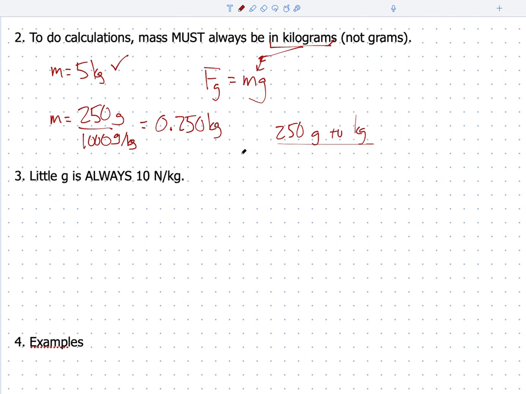Just make sure you're converting by dividing grams by 1,000 before you calculate. Otherwise, your numbers will be like 1,000 times too big, and that obviously will leave you way off the actual answer. So mass must always be in kilograms and not grams.